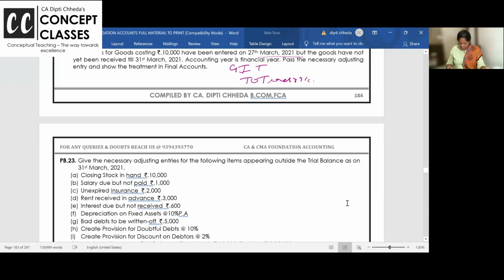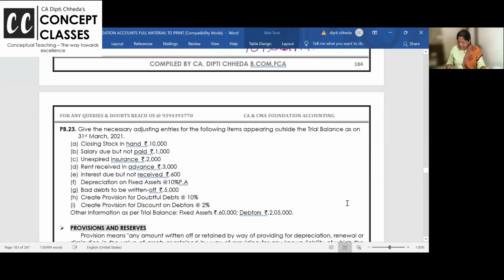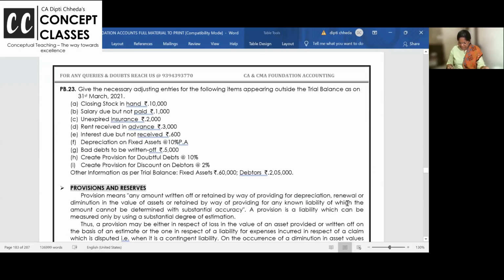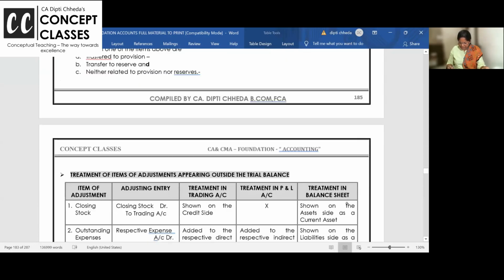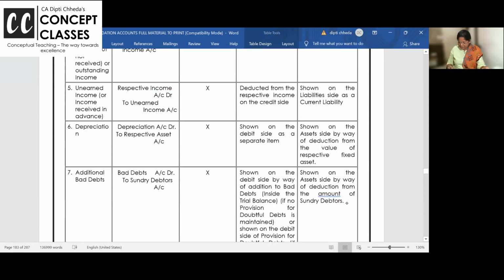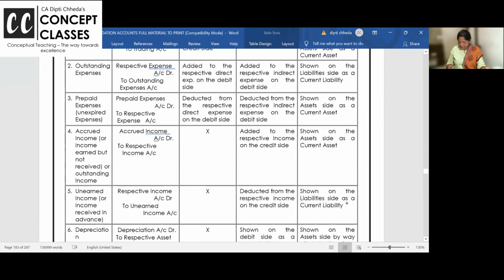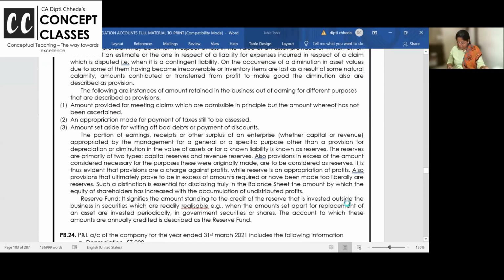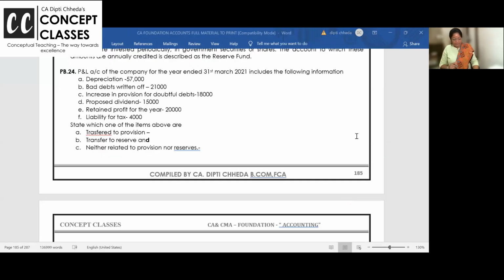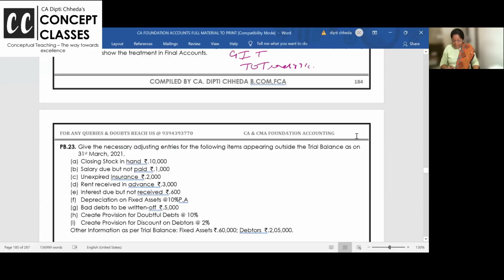I think enough. Some more theory there, and this is for all the adjustments. One entry is there: provision for doubtful debts. So here we complete all the adjustments.